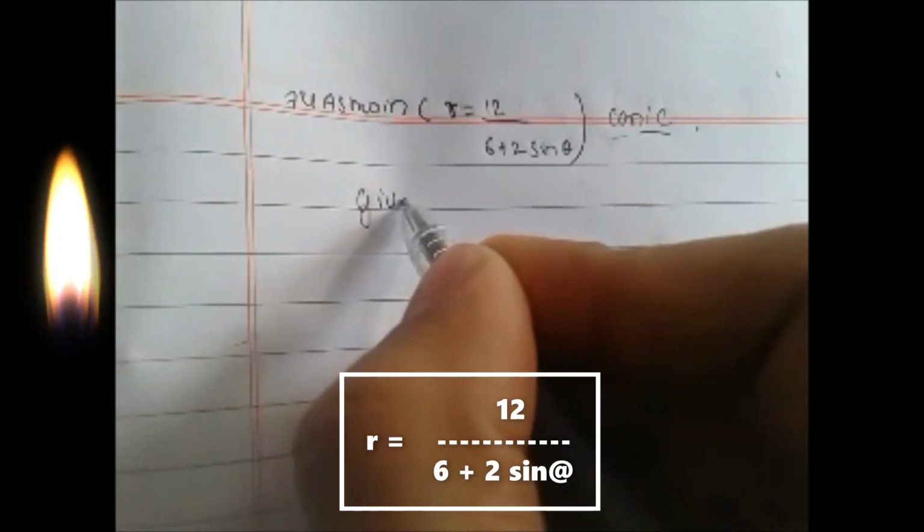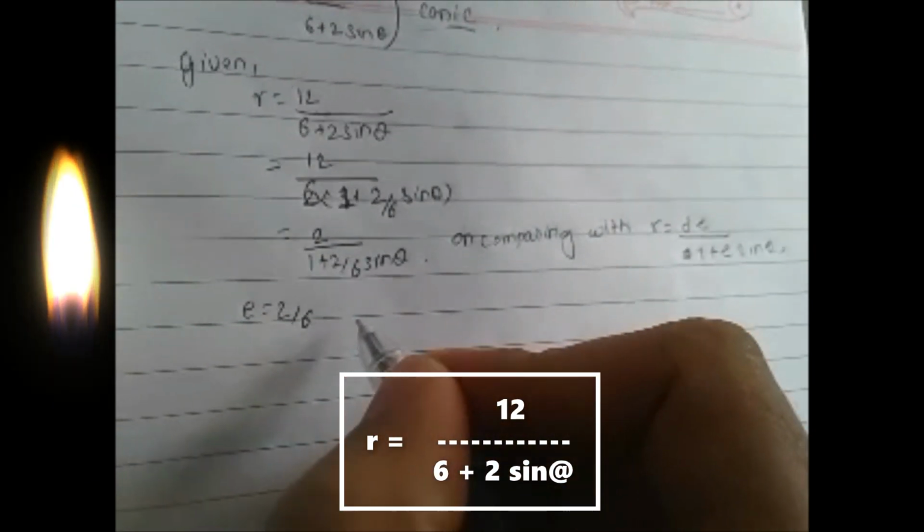Given r is equal to 12 by 6 plus 2 sin theta. Take out 6 common, we have to make it 1 plus 2 by 6 sin theta. So r is equal to 12 by 6 over 1 plus 2 by 6 sin theta.